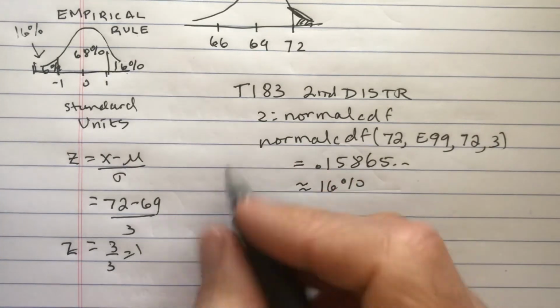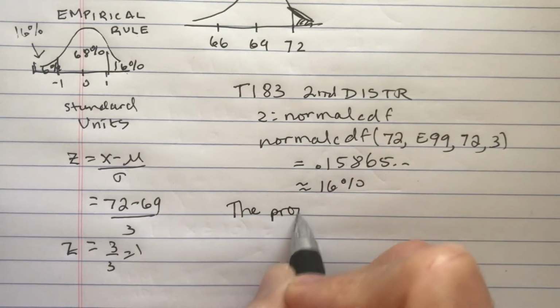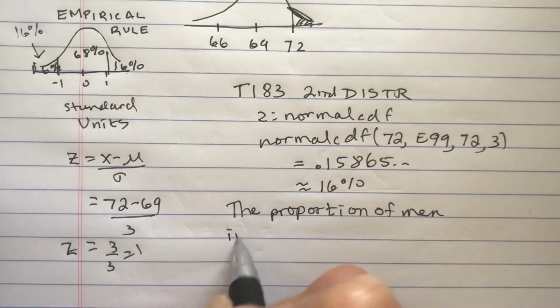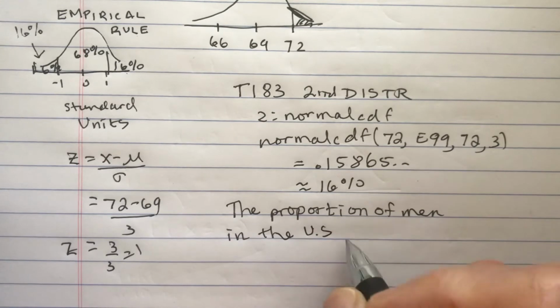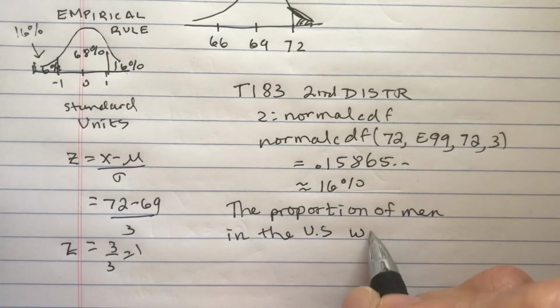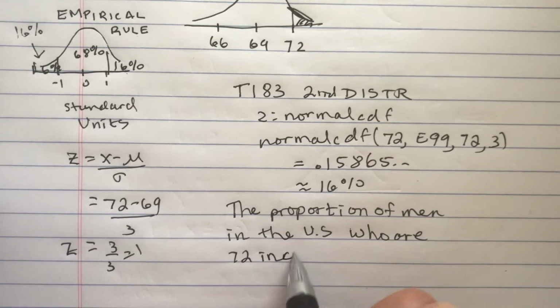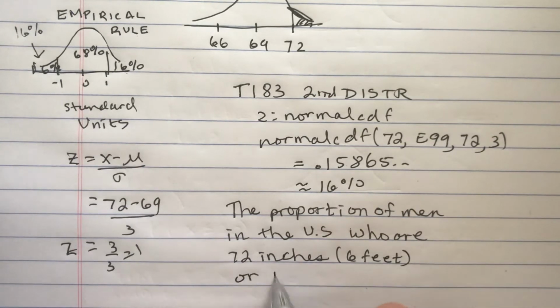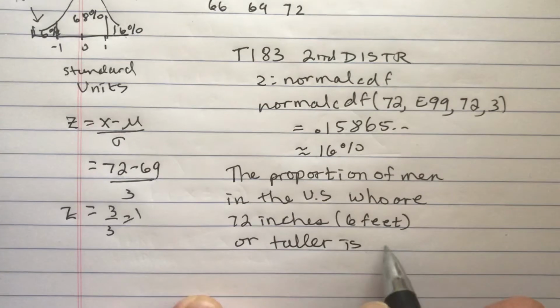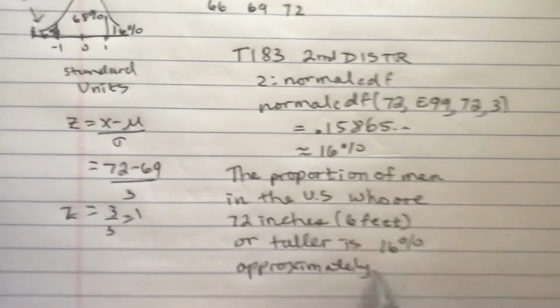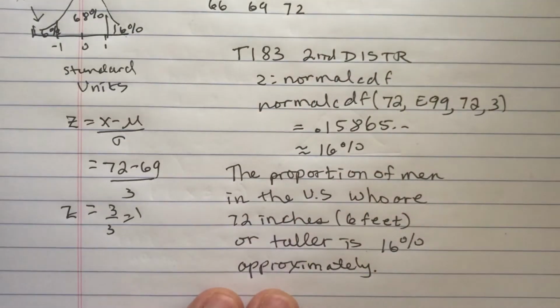So this is the proportion. The proportion of men in the U.S. who are 72 inches, which is 6 feet, or taller, is approximately 16%.